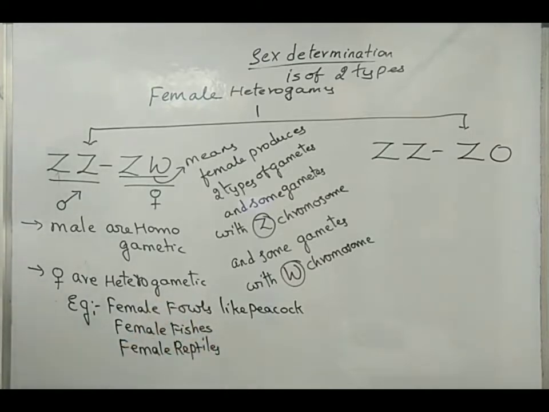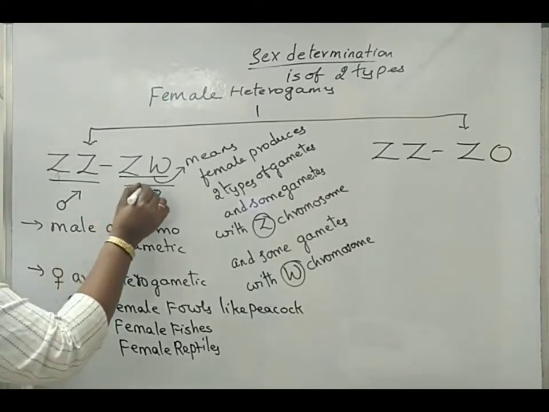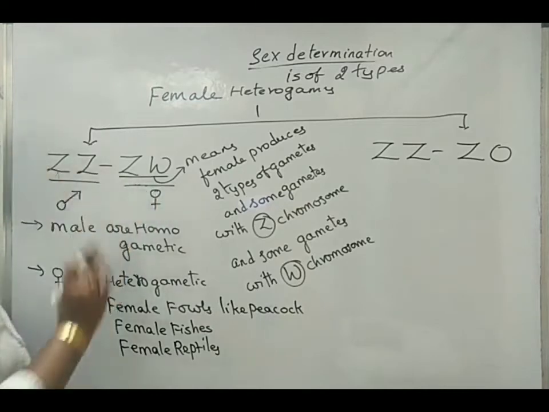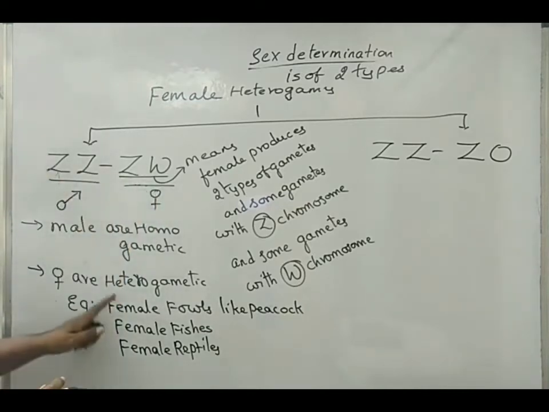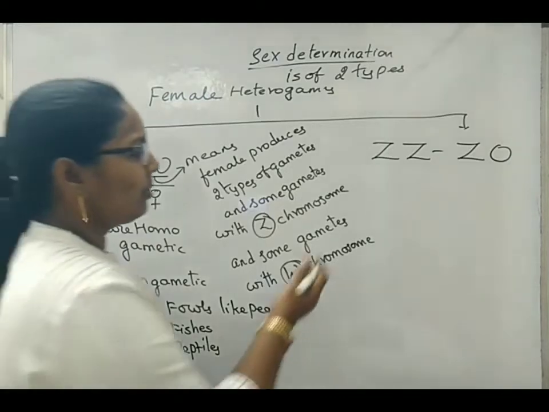Exceptions like crocodile, etc. Crocodiles and some types of turtles, that we will see later. What is the type of sex determination in crocodiles, etc.? So here examples under female heterogamy with such type of chromosomal distribution is female fowls like a peacock, some female fishes, and female reptiles.